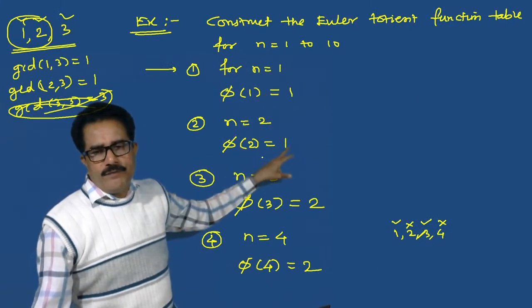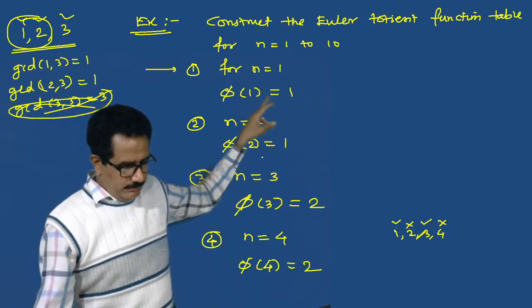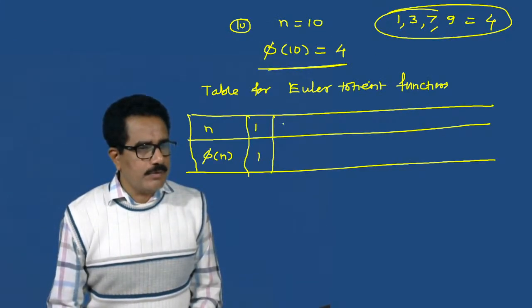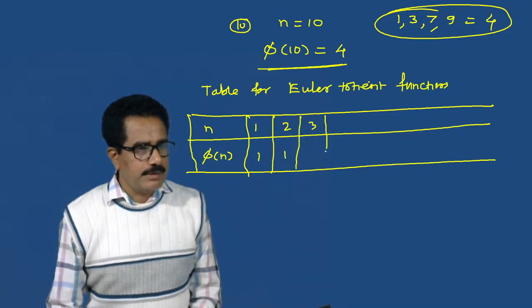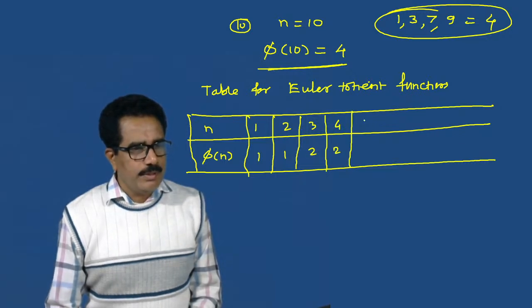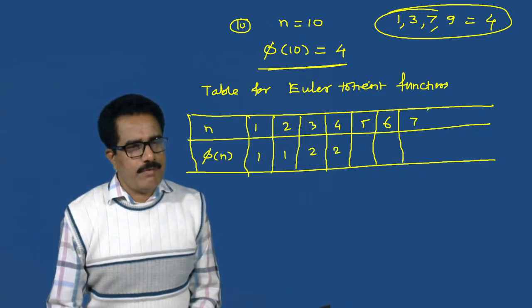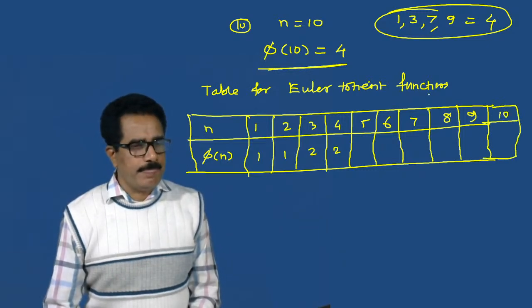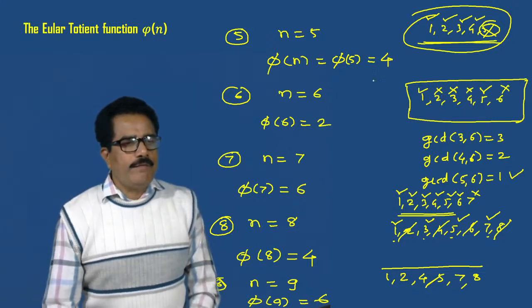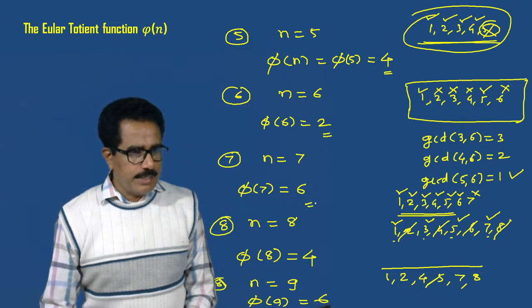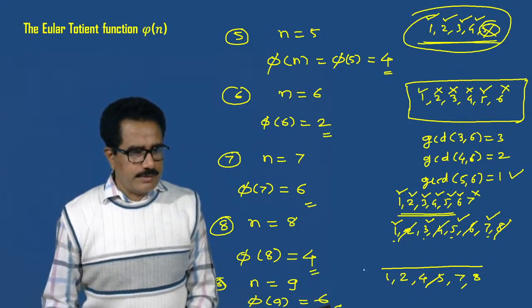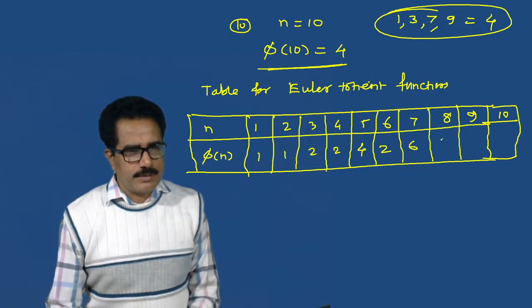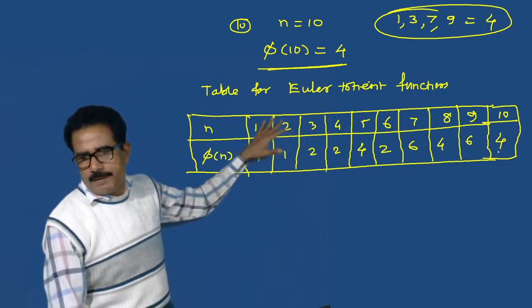Phi of 1 is 1, phi of 2 is 1, phi of 3 is 2, phi of 4 is 2, and so on up to 10. Thus we can obtain the table.